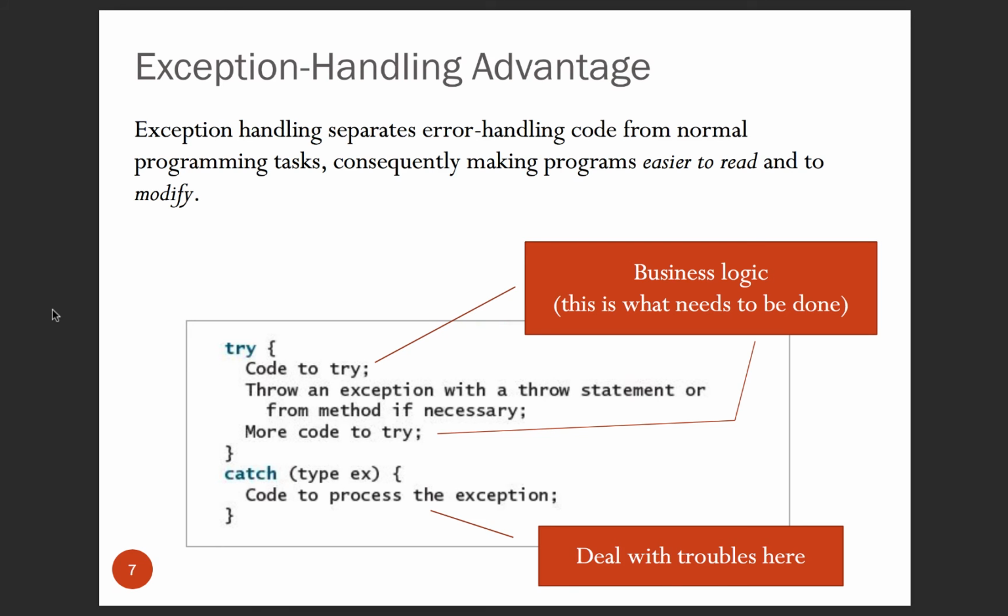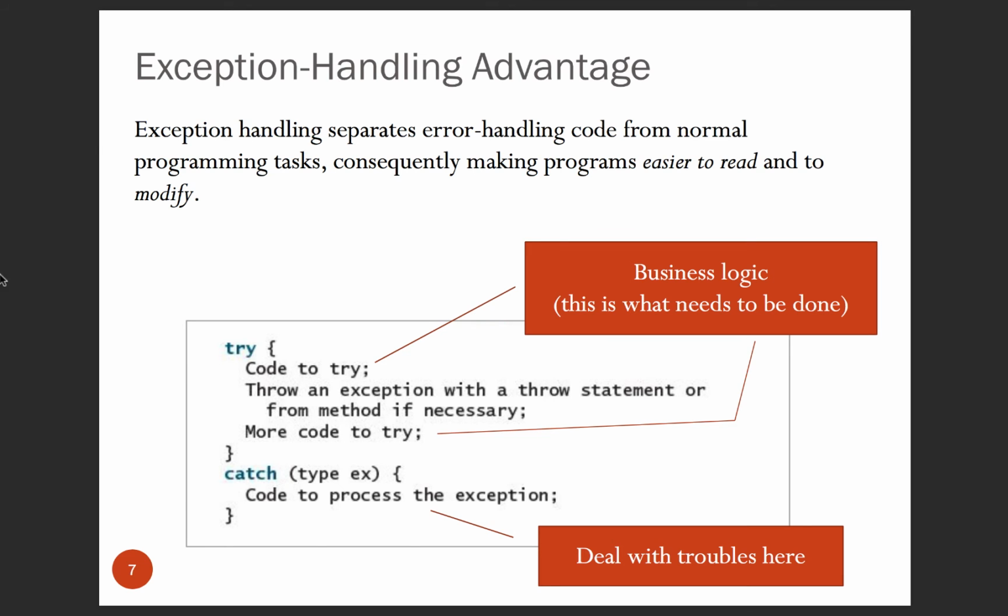Say a program has several methods and several statements. The error handling code, the code that is sophisticated and that you want to keep an eye on, is separate from the normal code. It is in separate blocks, try and catch. That is a good advantage of having an exception handling mechanism in our code.